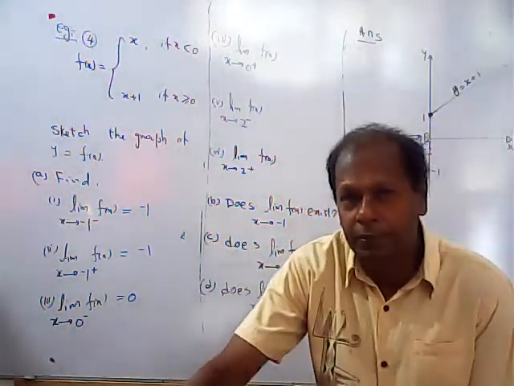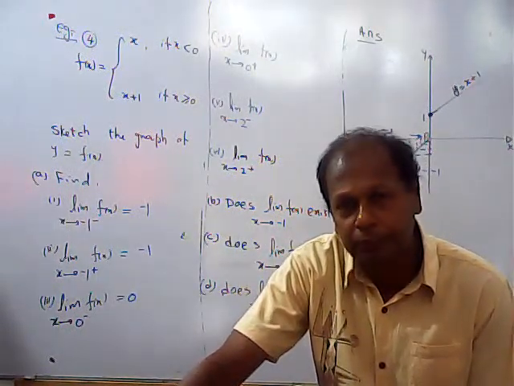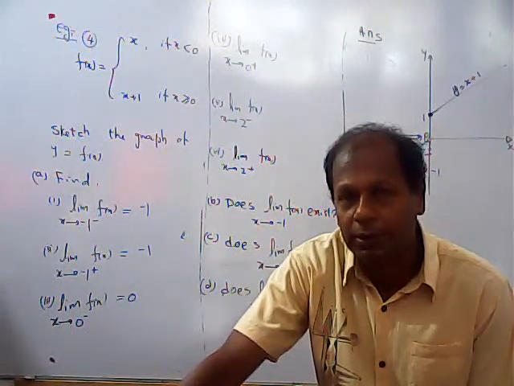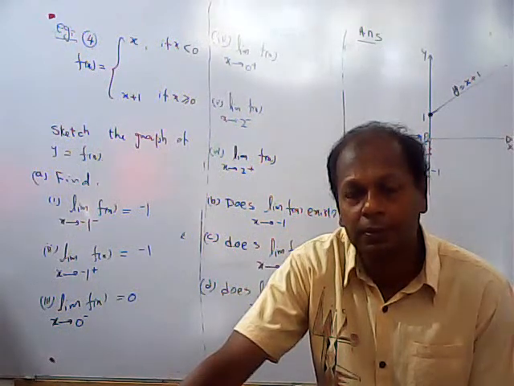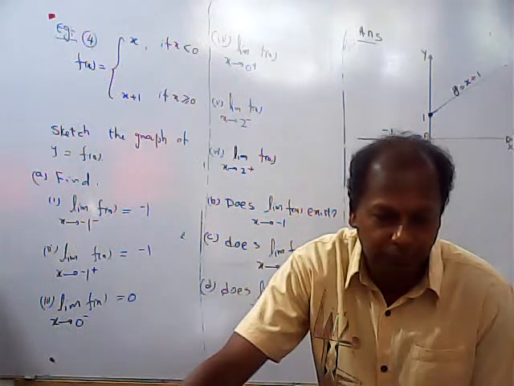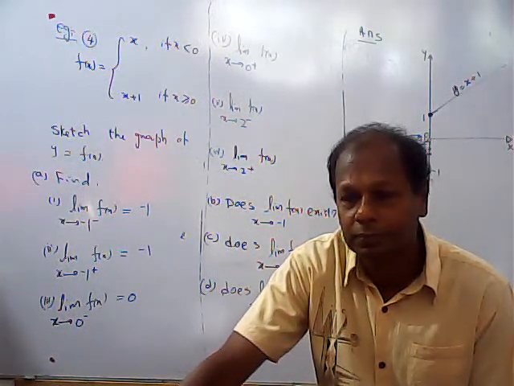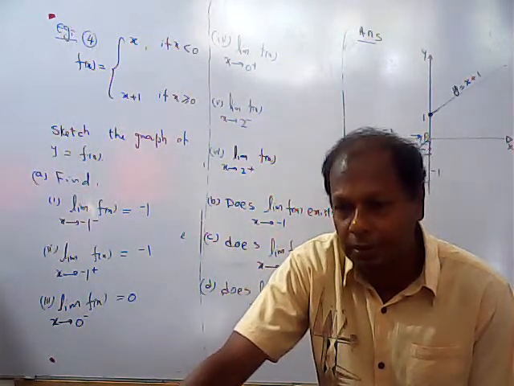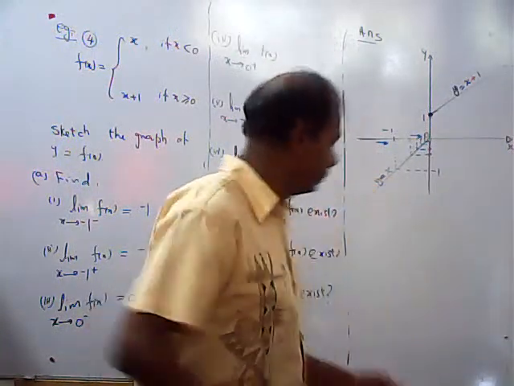Right limit at 0. You agree? It is 1. Do you agree that it is 1 or not? Any other answer? Yeah, Dinama says 1. Okay, agree. It is 1.